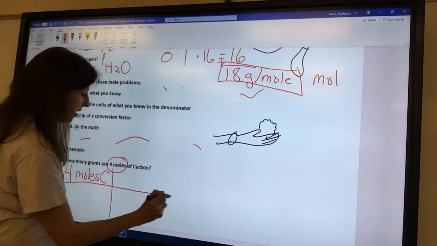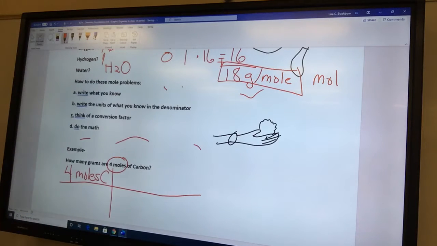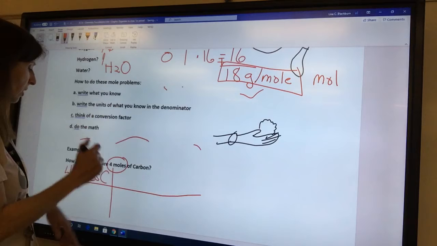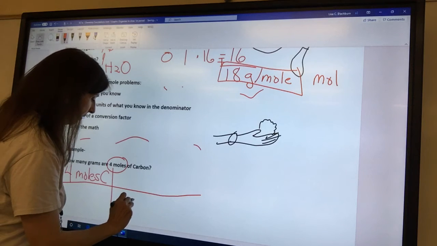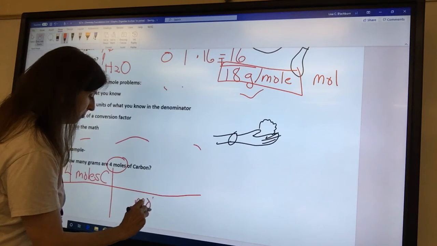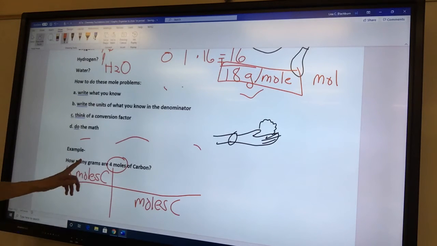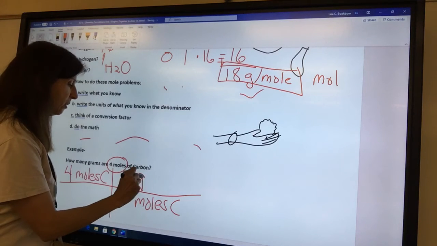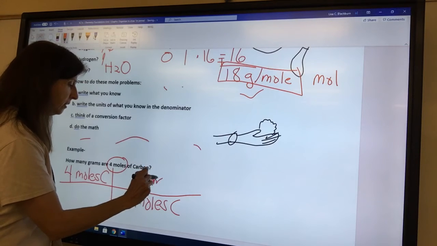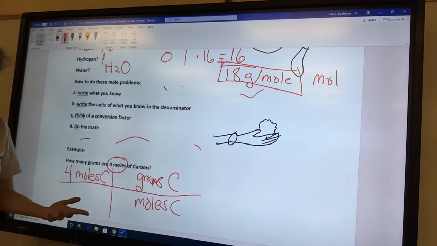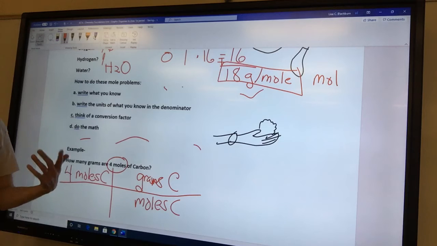We're going to draw our railroad tracks. What goes in the denominator? Moles of carbon, right? We want this to cancel. And then we want to change it to grams of carbon. So our conversion factor is the molar mass off the periodic table.